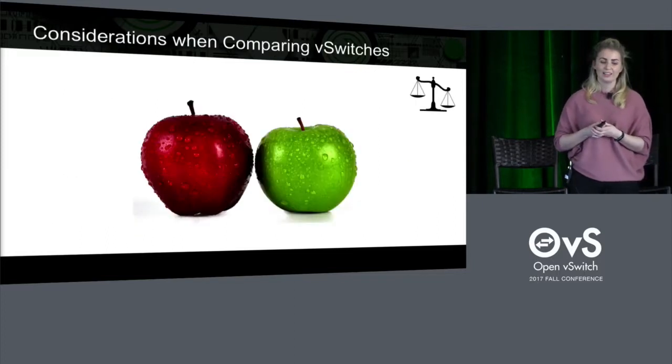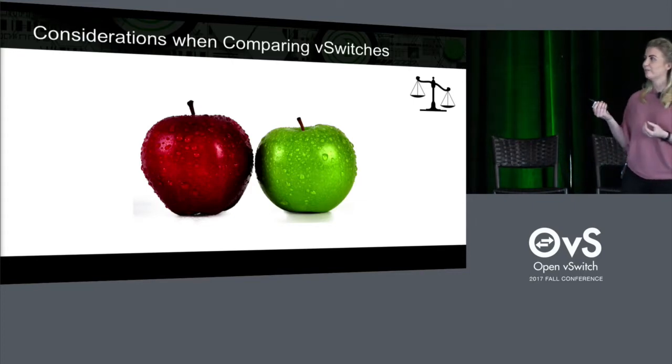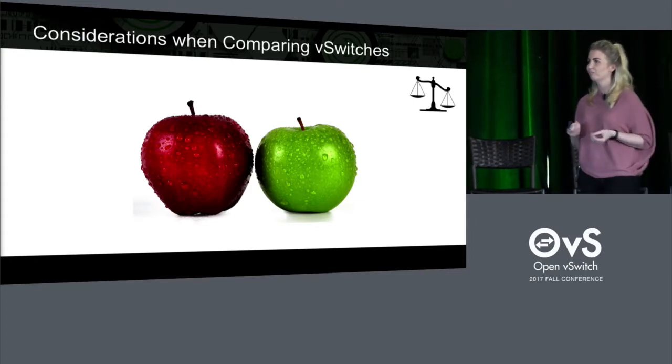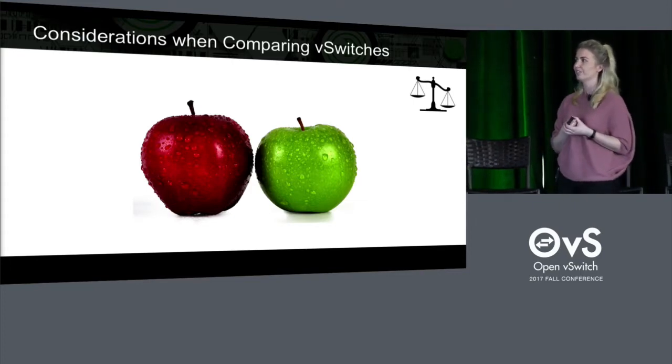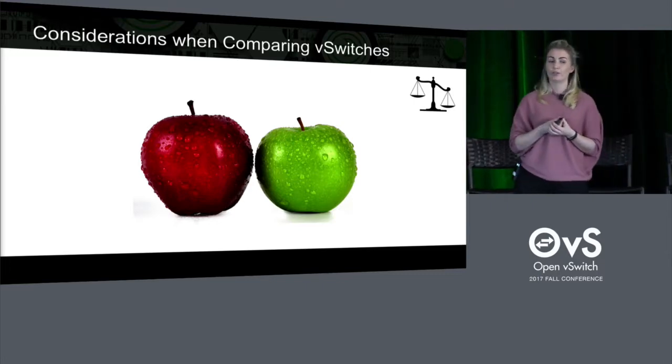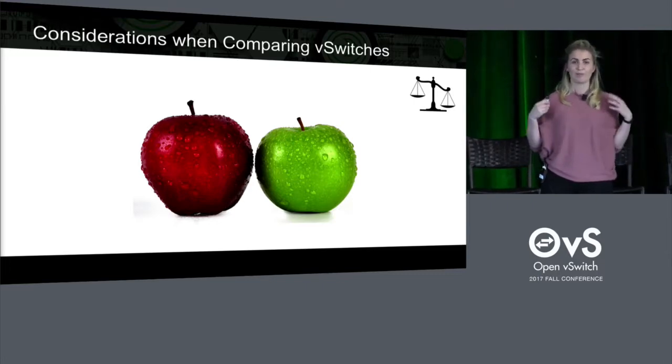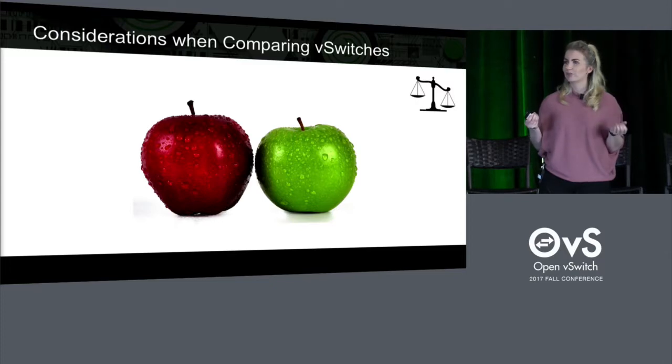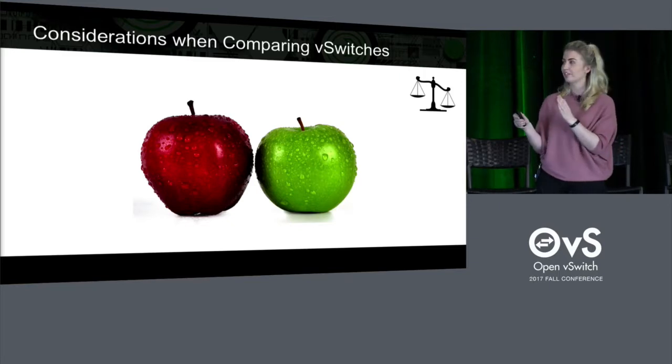And then I think everybody knows what I'm going to say here, but when you are comparing anything, and when you're comparing vSwitches, it's really, really crucial that you compare apples to apples. You hear this term all the time, but I know from experience that I've seen benchmarks in the past that pitch different vSwitches against each other.